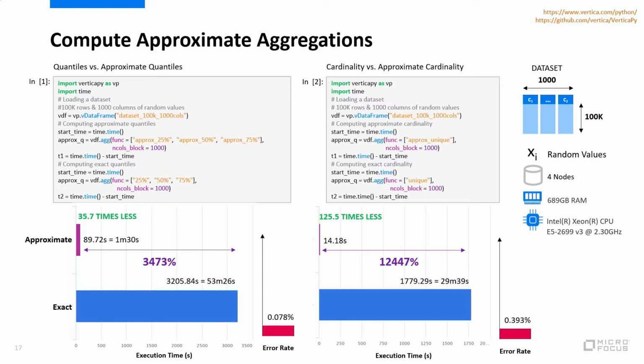I'm just running here a very simple environment, and I'm computing 1,000 aggregations for 100K rows and 1,000 columns, sorry.